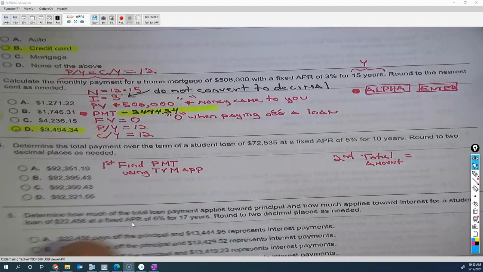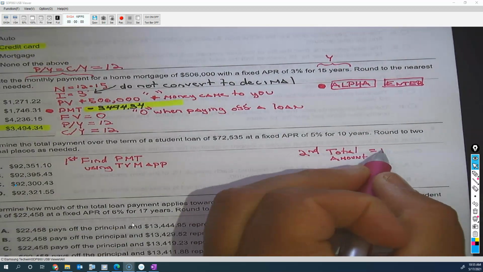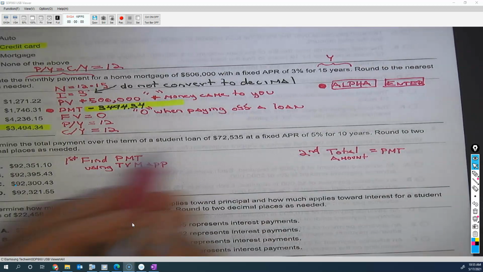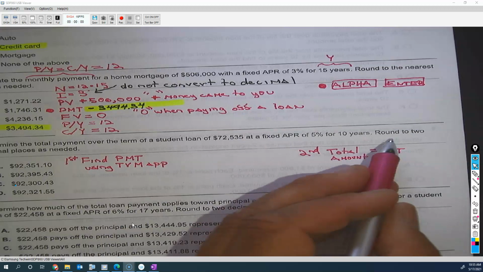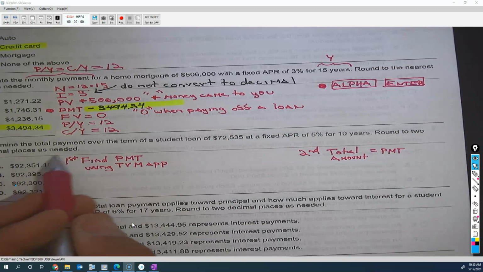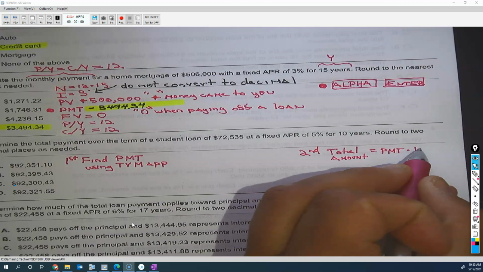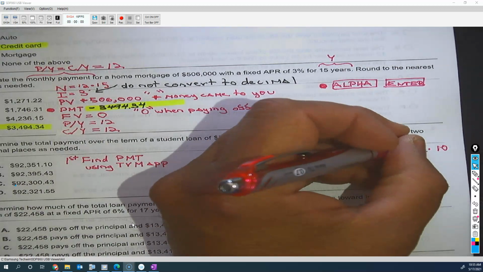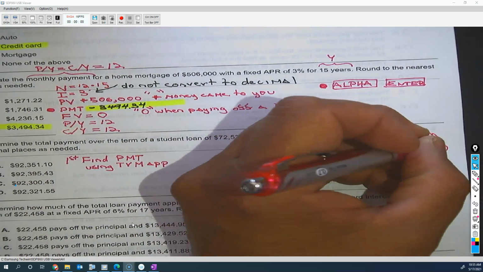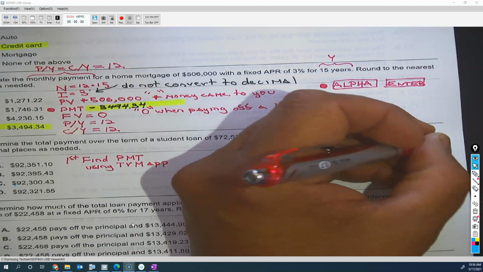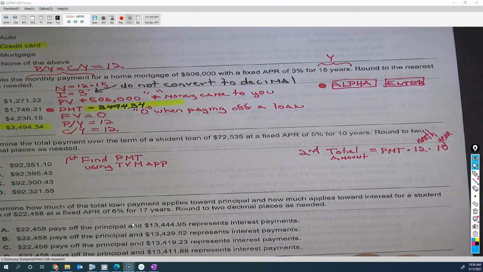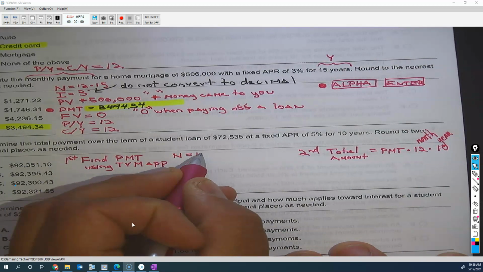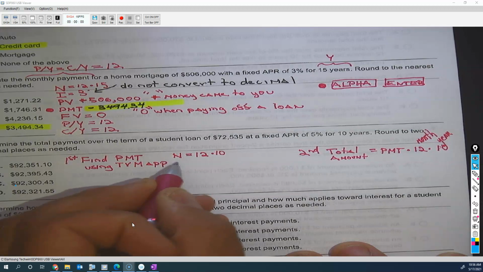In this particular case, I'm going to take whatever my payment is. I'm paying for 10 years, and I'm making monthly payments. So this is going to be 12 times 10.